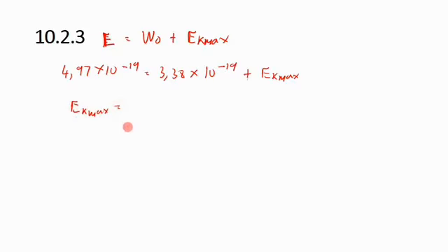No need to write that step. So 4.97 times 10 to the exponent of negative 19 minus all of this will give us 1.59 times 10 to the exponent of negative 19 joules. And just like that, you have your EK max.